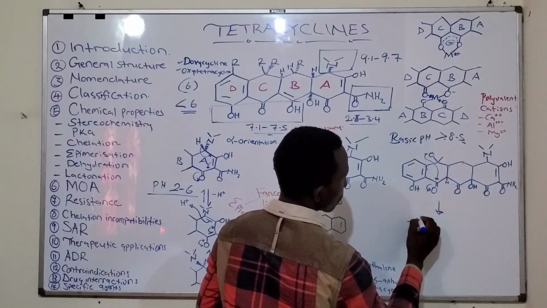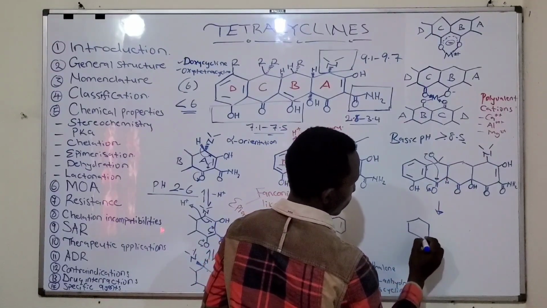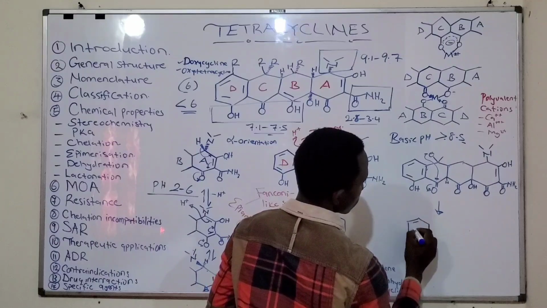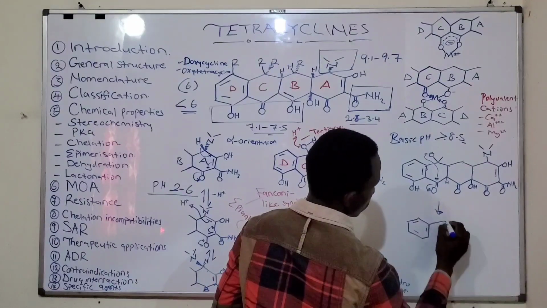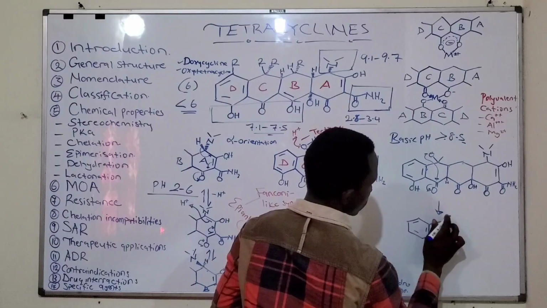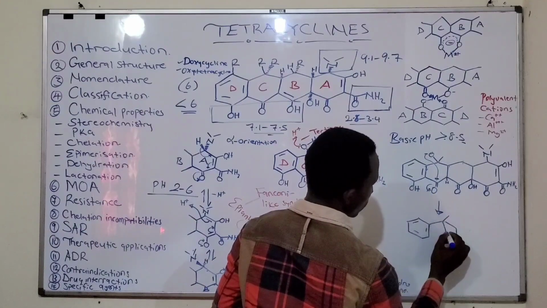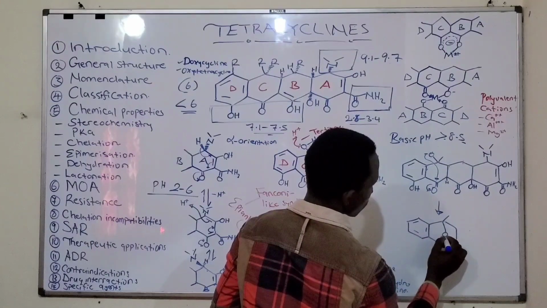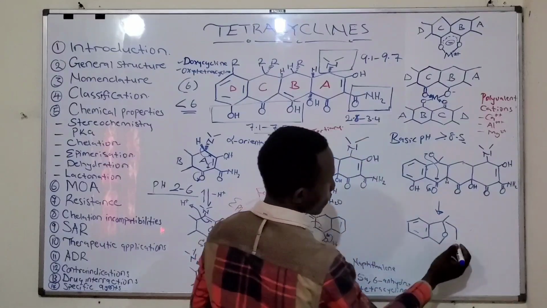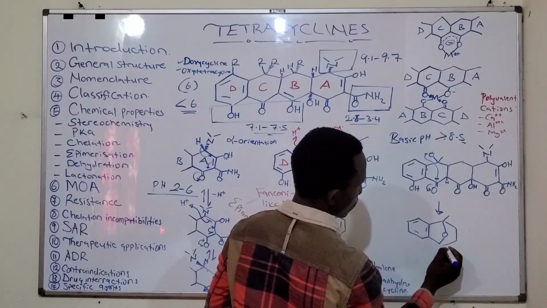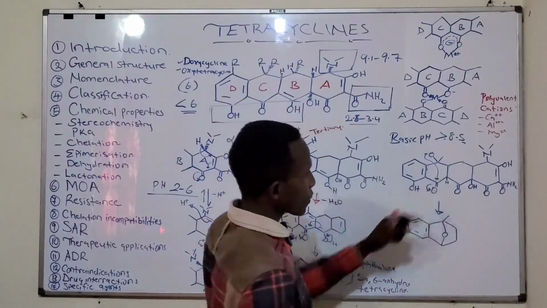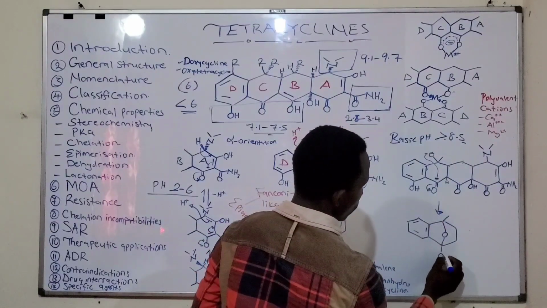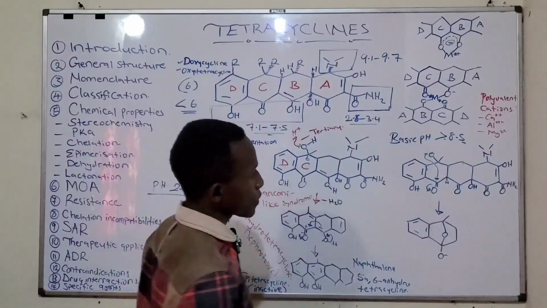So we shall have this bond. So this oxygen, here there is a methyl group, and this oxygen has formed a bond here. It has attacked this carbon. So this is O minus.